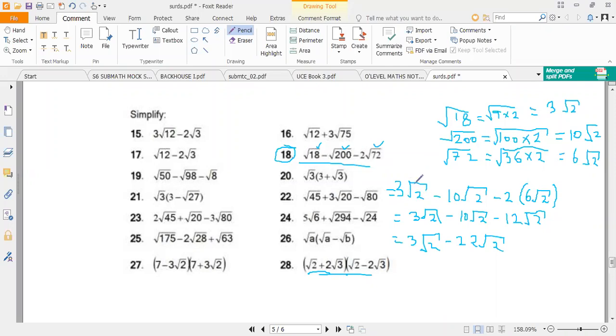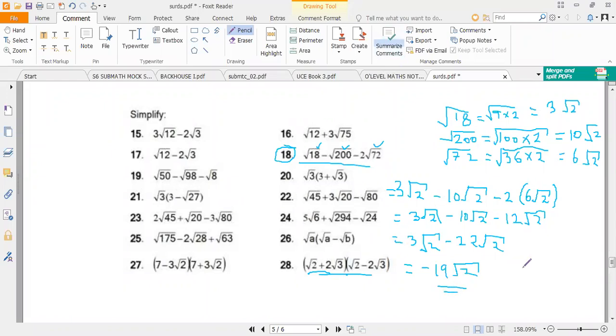Let's say if root 2 was like any other unknown, let's say an unknown like k, like you have 3k minus 10k minus 12k. So root 2 there acts like any other unknown, but in this case, it's a surd. Okay, so this is 3 root 2 minus 22 root 2. So we shall end up having our answer as negative, I think it's negative 19 root 2. Okay, so our answer is negative 19 root 2.